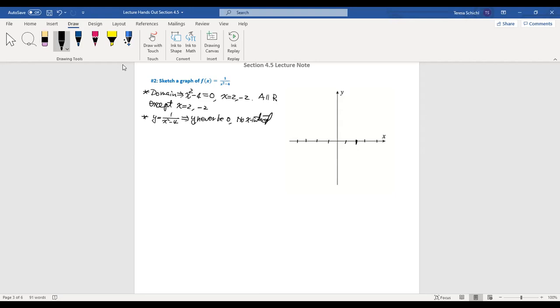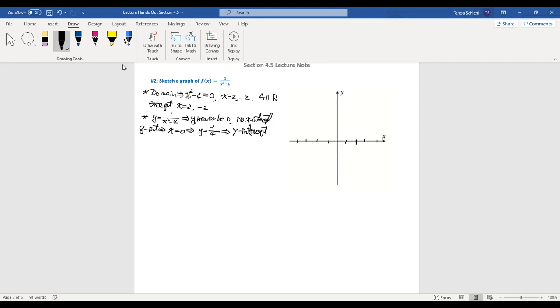Now let's take a look at the y-intercept. The y-intercept is where x equals 0. When x equals 0, you get y equal to negative 1/4. So I do have an intercept at negative 1/4; this is my y-intercept.